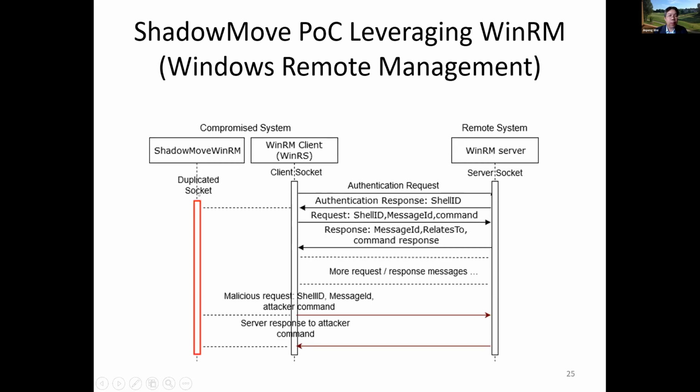So what happens here is that the ShadowMove malware will first duplicate the client socket, and then it can actually listen or peek into that connection. So as a result, it can overhear this shell ID from the server. So when the server sends back the shell ID, this packet not only reaches the legitimate client, but also is picked up by the ShadowMove.